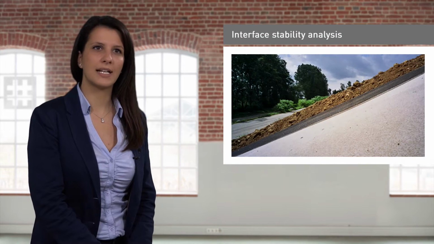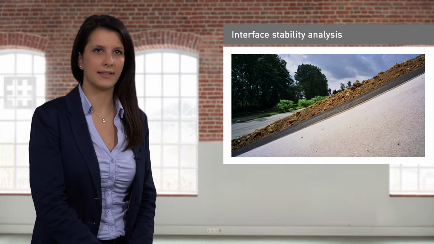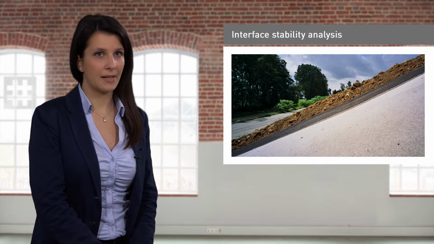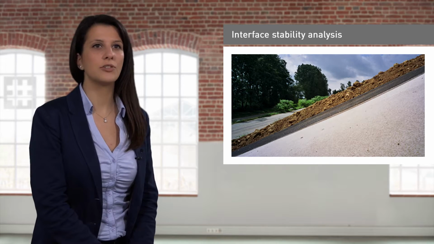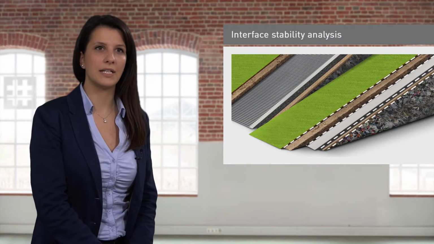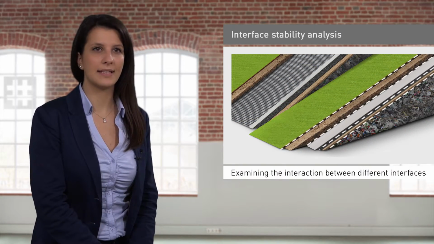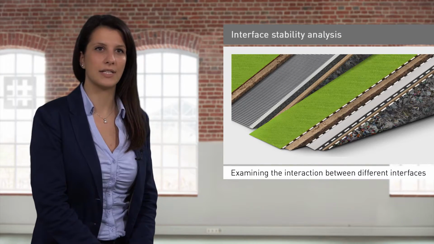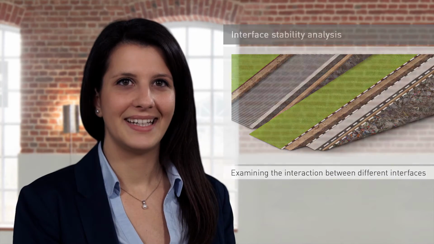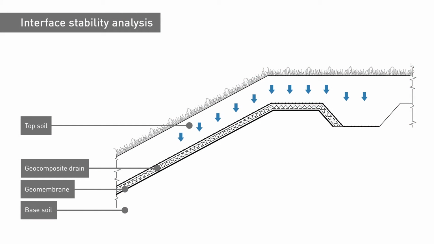Let us imagine we have a system composed of alternating geosynthetics and soil. Generally, the stability analysis is carried out by means of limit equilibrium analysis while examining the interaction between the different interfaces of the system. In this analysis, the layer of soil, considered stable, exerts a load on the underlying system determined by its own weight.